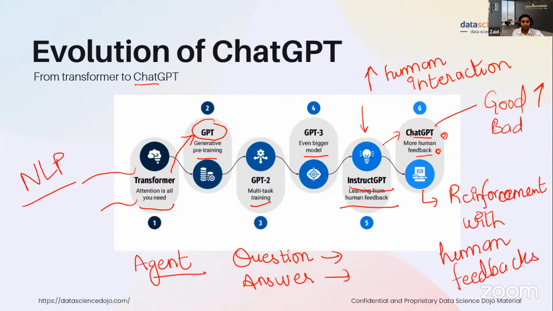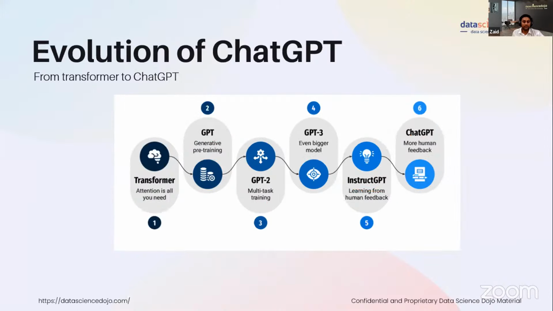Either we can upvote the response or we can downvote the response. And what does it actually help us in doing? It helps in the reward function, because we are rewarding the model according to the response it is getting. So it is sort of a closed loop where a human is involved. So this is the difference in the evolution of ChatGPT, how it all started from the transformer and then came along to this particular model we are interacting with today.